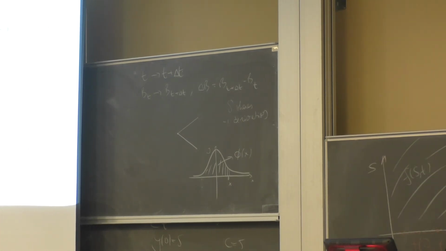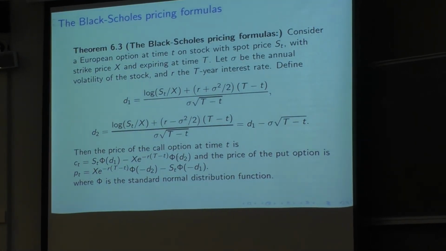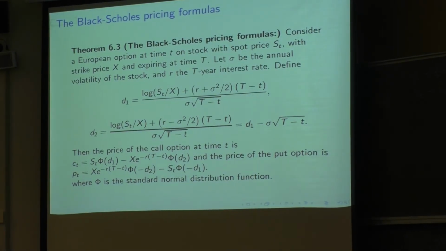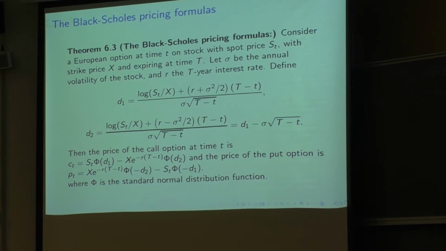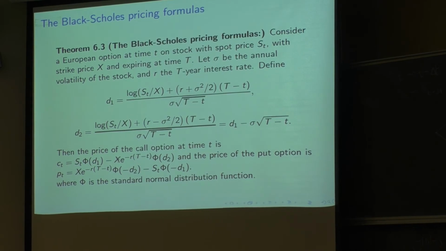So you compute this number d1, you plug it into your phi function, and then you also take phi of d2, and multiply this by the strike price times e to the minus r times the time to expiration, that's big T minus little t. And that's it. That's the price of your call option.